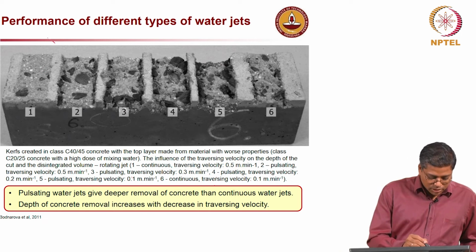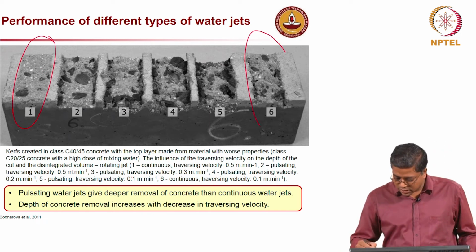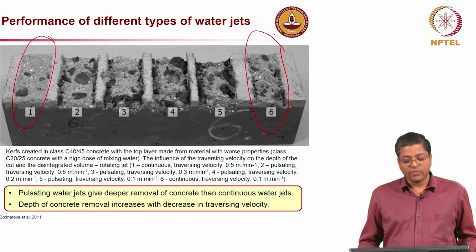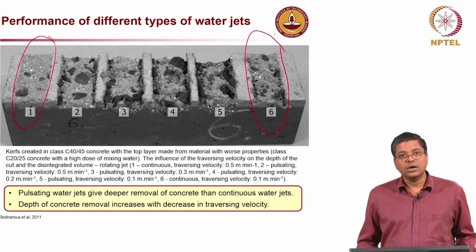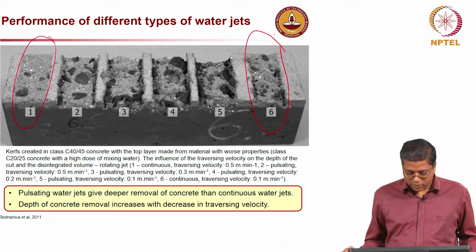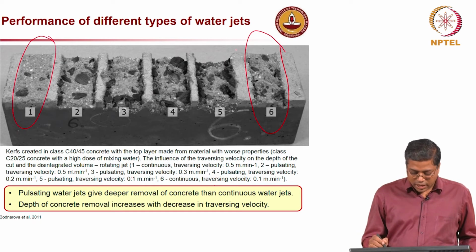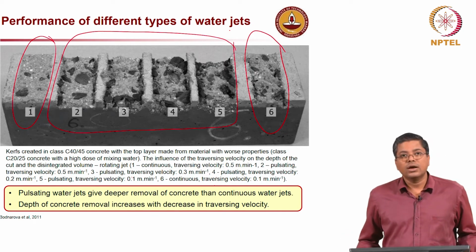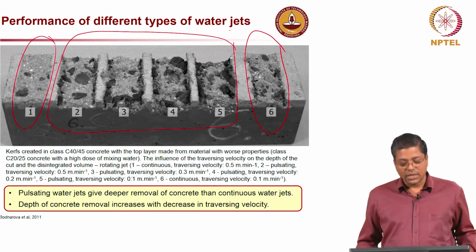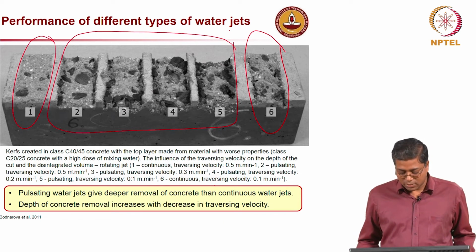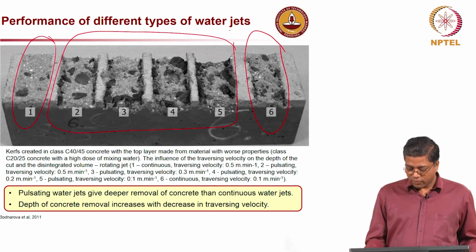In this picture, numbers 1 and 6 are examples of the effect of a continuous water jet, in other words the water is flowing continuously, and numbers 2 to 5 were done with a pulsating water jet. You can very clearly see that for 1 and 6 the amount of material loss is less, and for 2, 3, 4, 5 the material loss is very high.